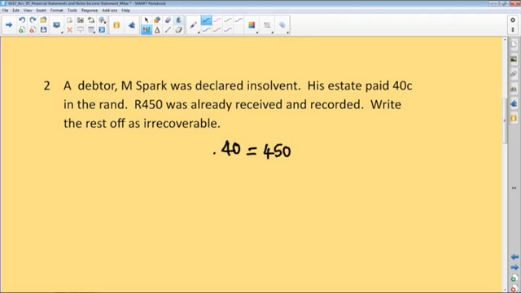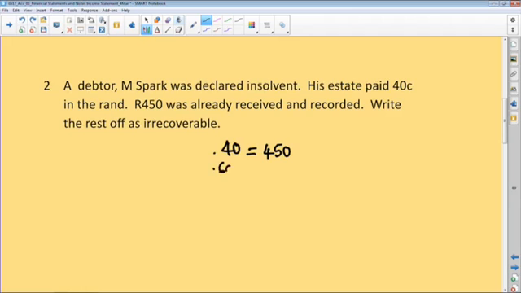What are we trying to determine? We are trying to determine the balance that we have to write off as irrecoverable. So certainly that would be 0.6. Why? Because if we received 40 cents in the rand, the 60 cents in the rand is the irrecoverable amount, the bad debt, which is equal to my unknown, right?